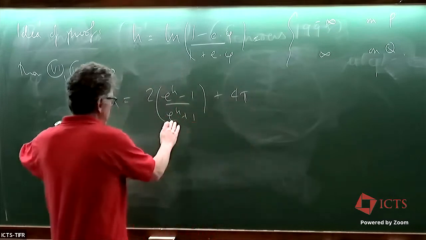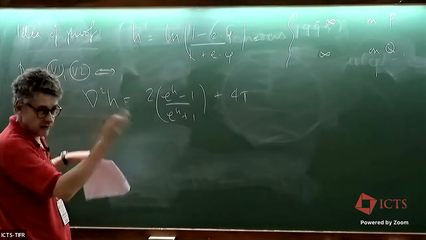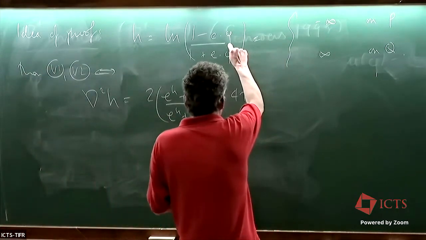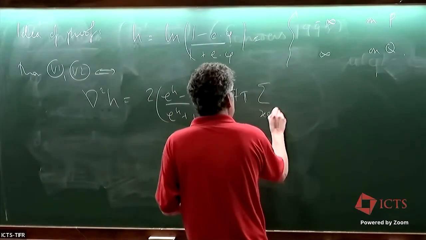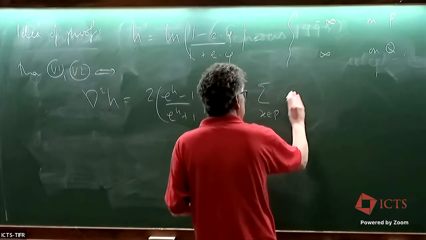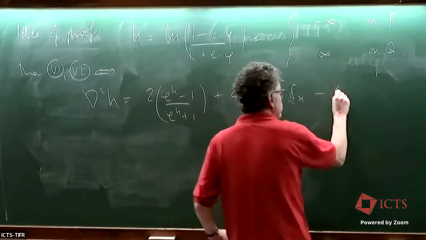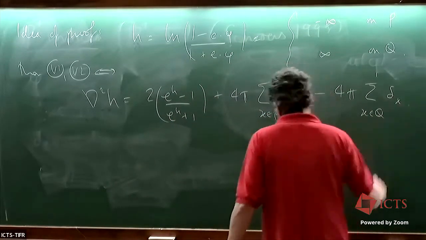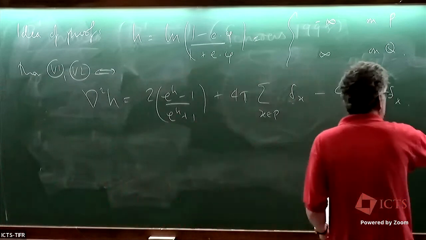That's true everywhere away from these two divisors where H is singular, but then at the divisors you have to add delta function sources to account for the singularities due to this definition here. So you have a bunch of delta functions where x is in the positive divisor, and you have to subtract off a bunch of delta functions associated to points in the negative divisor. Okay? So let me call that equation Y for Yang.